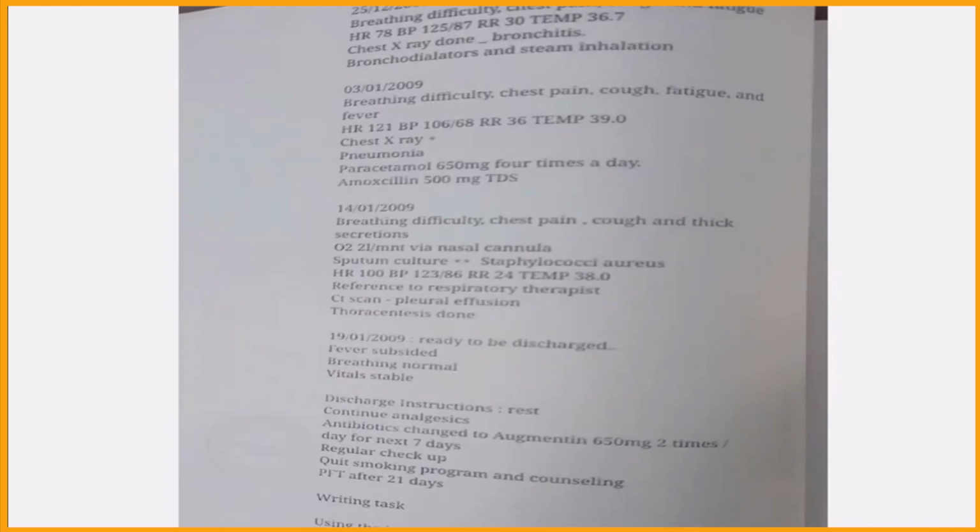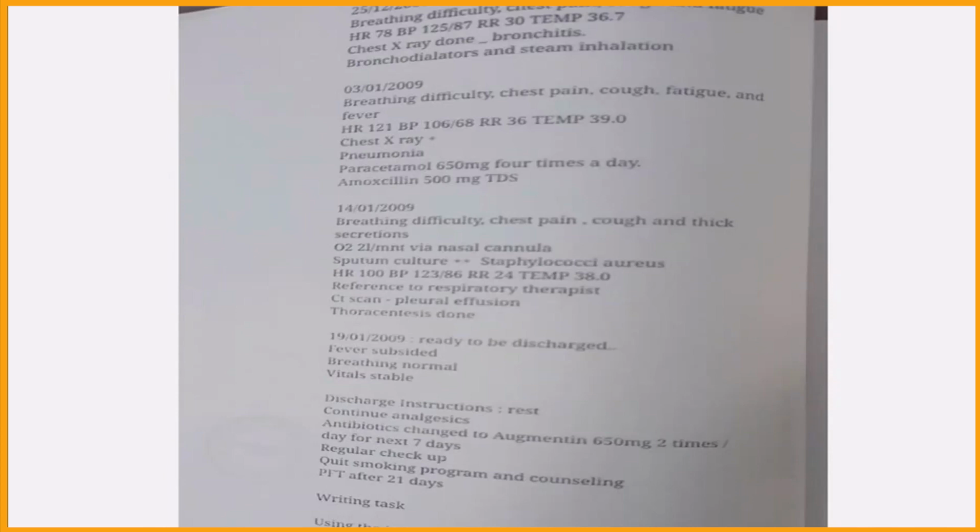And can I have someone to read the 19? 19. Fever subsided. Breathing normal. Vitals stable. Miss Charlotte is ready to be discharged. The fever has subsided. The breathing is normal. The vitals are stable. So, what is the plan now? The discharge instructions, which is, in other words, the plan.